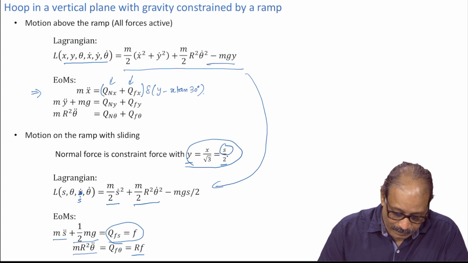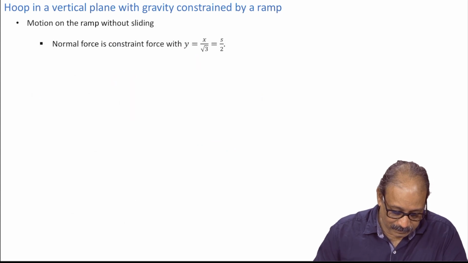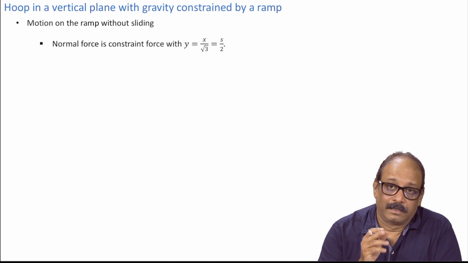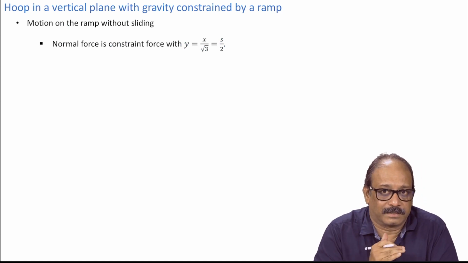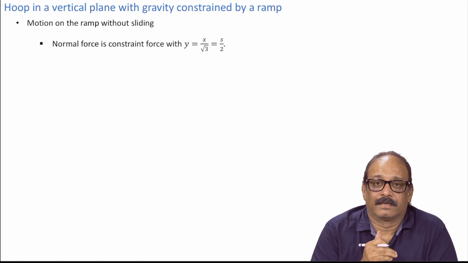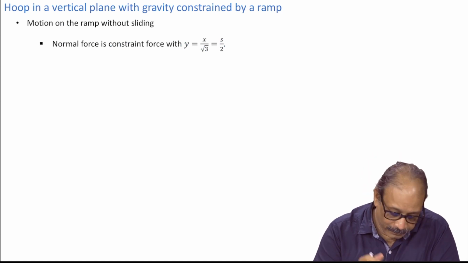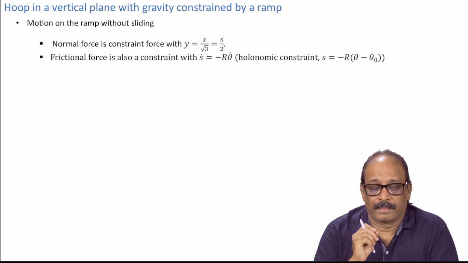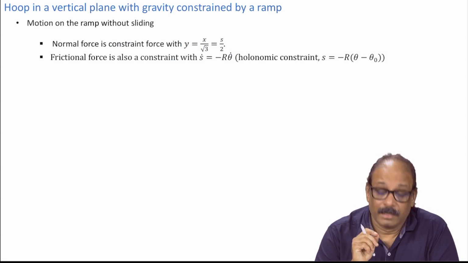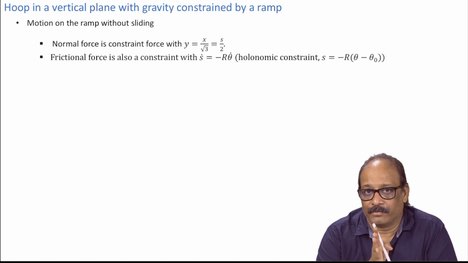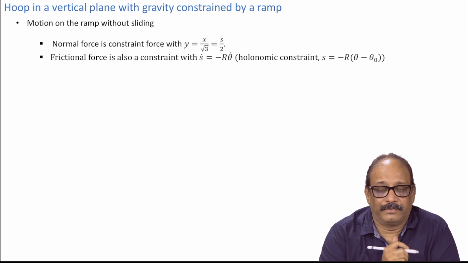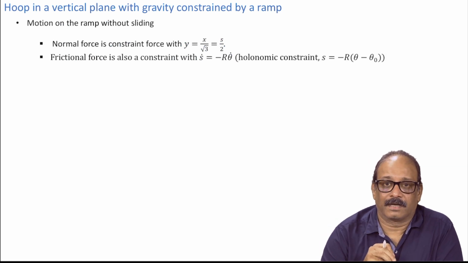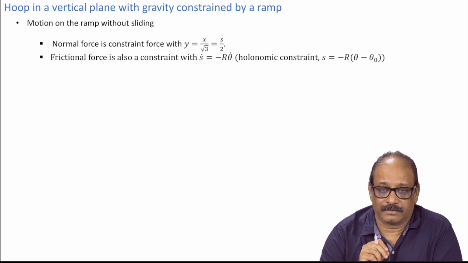And now, let me look at the third possibility. In the third possibility, there are 2 constraints. The first constraint is of course the same as the previous one, which is y is equal to x by root 3. The second constraint is s dot is equal to minus r theta dot. So, what I am going to do is this. Remember, in the previous lecture, I have found a way of incorporating non-holonomic constraints.